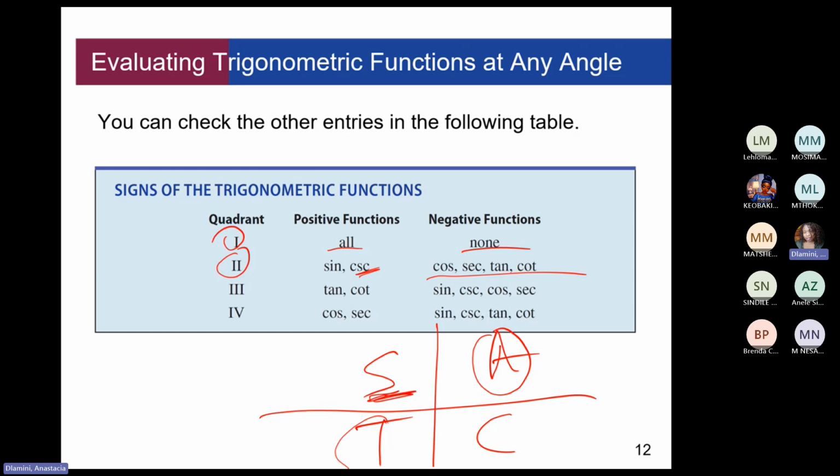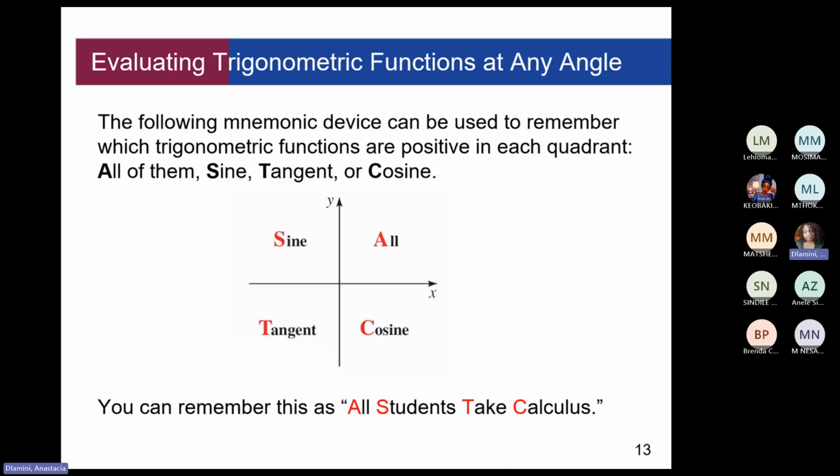In the third quadrant, only tan and cot are positive because there's a relationship between tan and cot, and all of them are negative. And then in the fourth quadrant, we know cos is positive and all of them are negative. And sec will also be positive because there's a relationship between cos and sec.